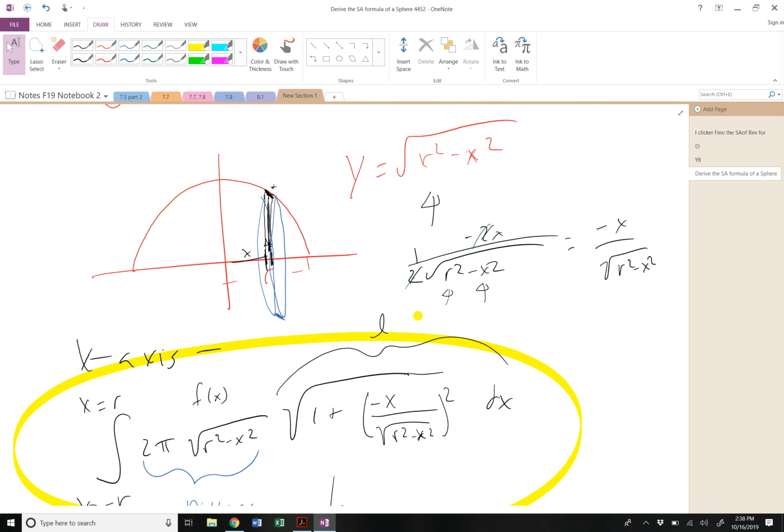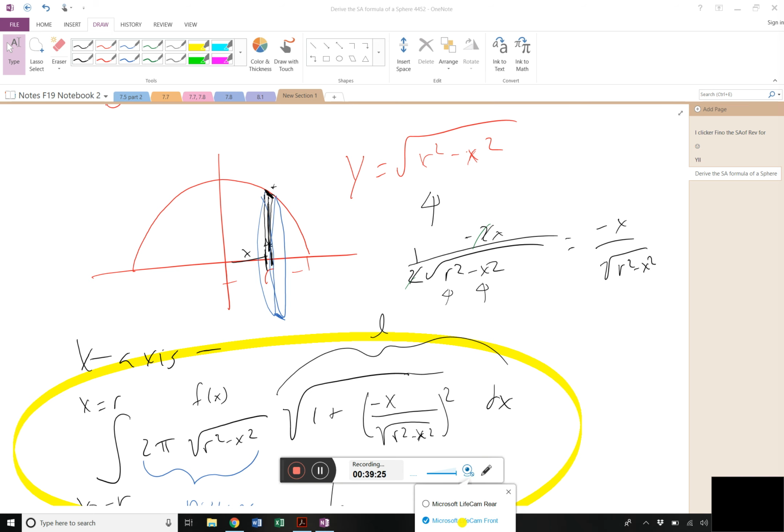All right. Well, I brought a surface area of revolution today. Let me see if I can get my webcam up here. Okay, I'm going to turn on some lights too.